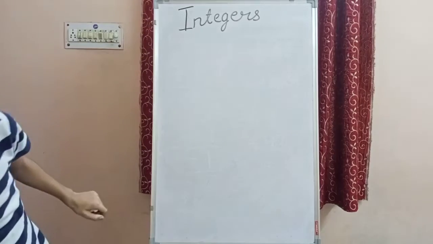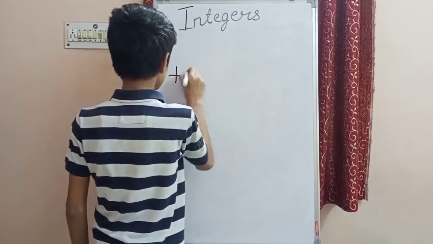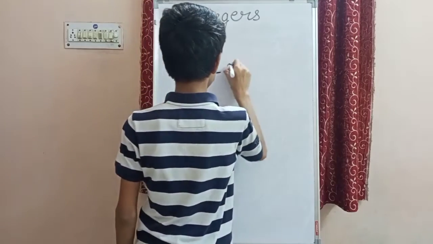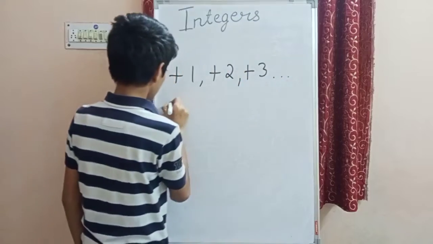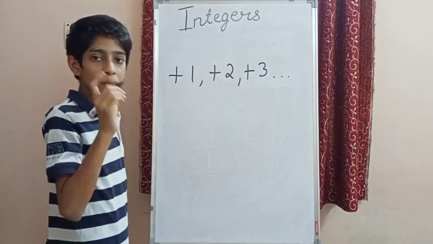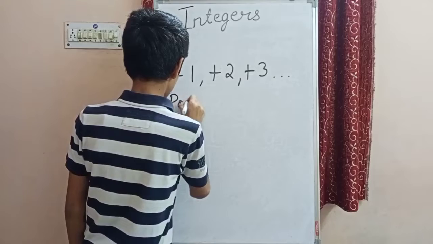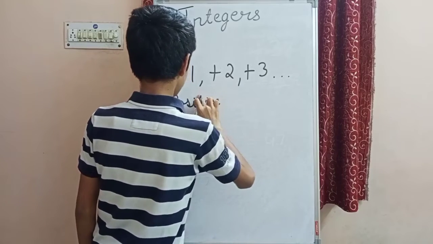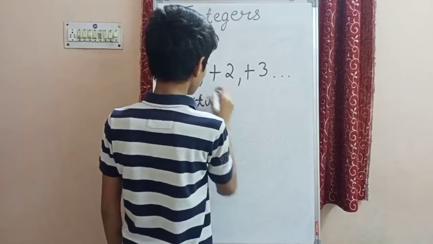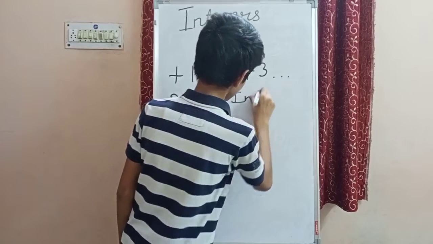Now if there is plus 1, plus 2, plus 3, they will be called positive integers, because they have a plus sign.